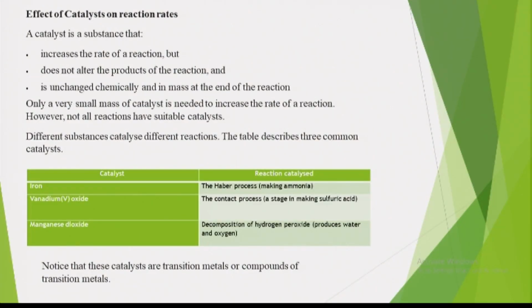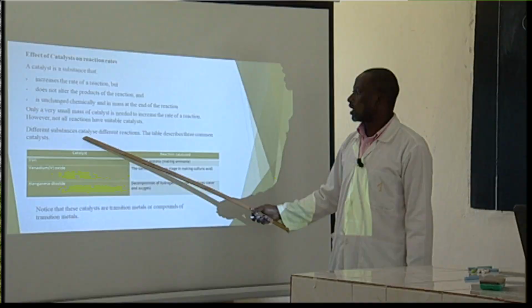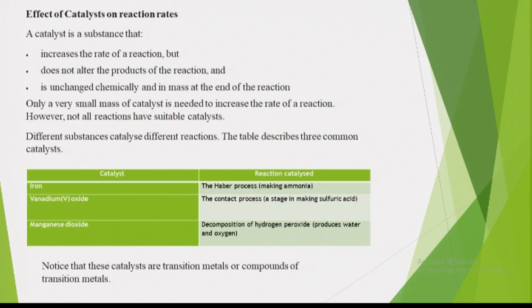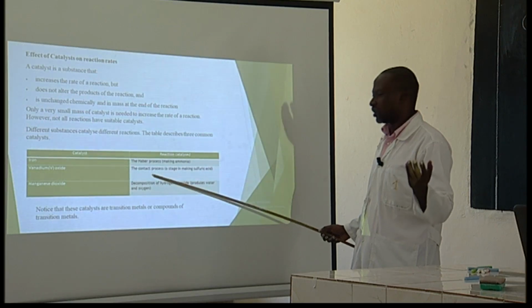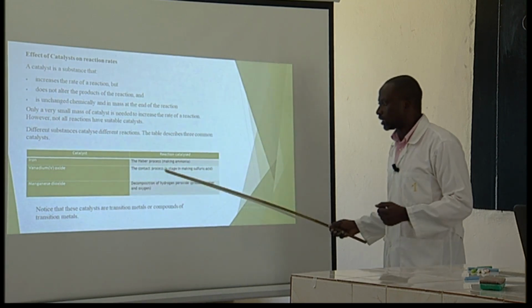However, not all reactions have suitable catalysts. There are some reactions that cannot be easily catalyzed. Different substances catalyze different reactions. We have seen this one. When you go to the unit on nitrogen and its inorganic compounds, we look at the Haber process. You have met this one. Sulfur and its inorganic compounds, that is unit 3, so you look at the contact process.